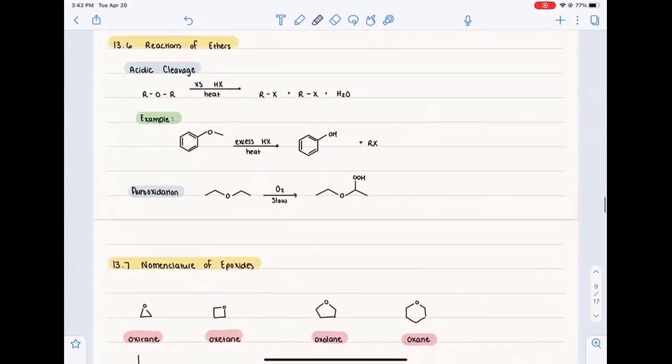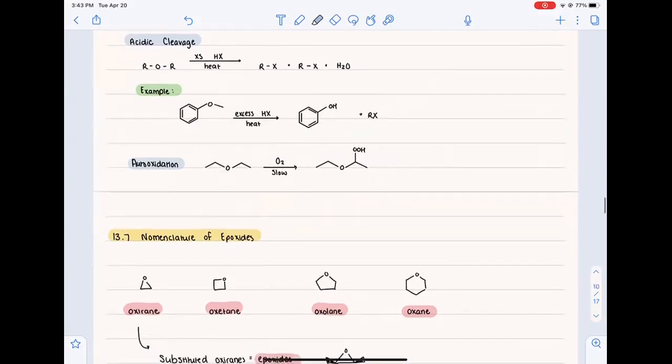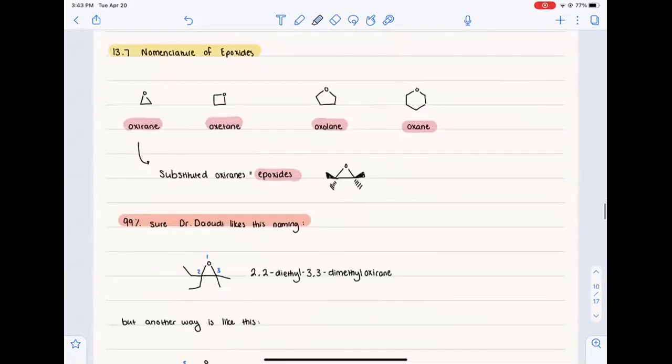Awesome. So then we have reactions of ethers. We have acidic cleavage. That is what it looks like. We have auto-oxidation. That is what it looks like. I don't even remember seeing a lot of mechanisms, to be honest, in chapter 13, just words. And then we have nomenclature of epoxides.